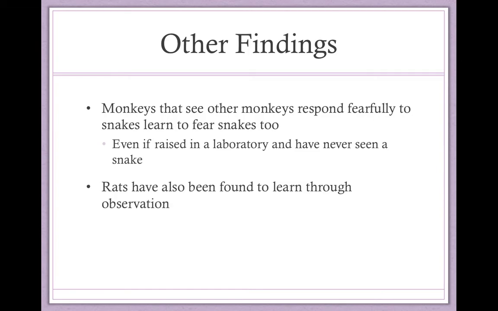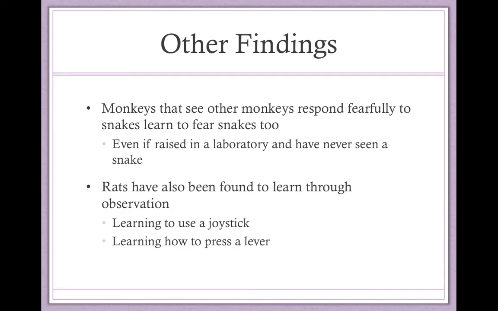And rats have also been found to learn through observation in a couple of ways. They can actually learn observation through humans. An experimenter can toggle a joystick a certain direction and show them that's how they get food.